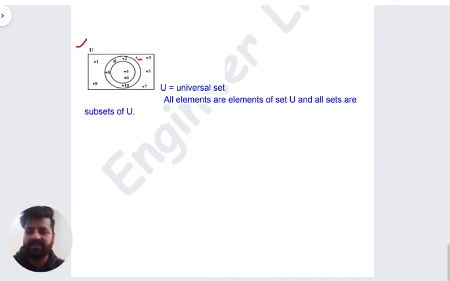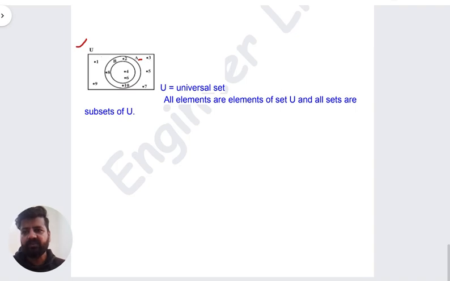All these elements are contained by set A, and it also contains set B. So we can say that set A contains all these elements and also a subset, that is B. B is a subset of set A.